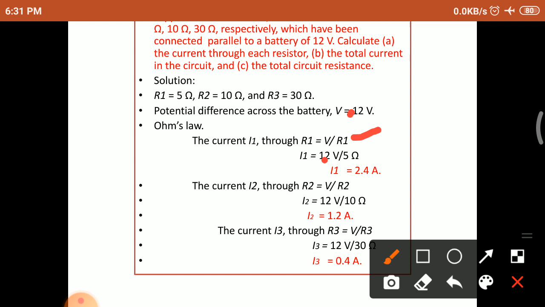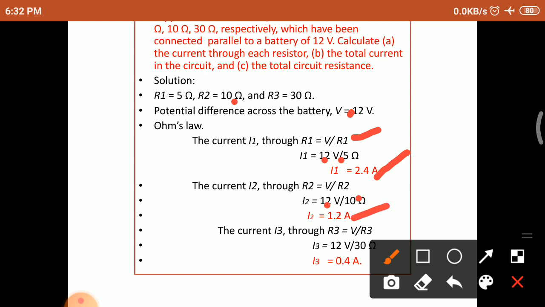So 12 by 5 equal to 2.4 ampere. The current through R2, I2 equal to V by R2. The value of V is 12, the value of R2 is 10. So 12 by 10 equal to 1.2 ampere.